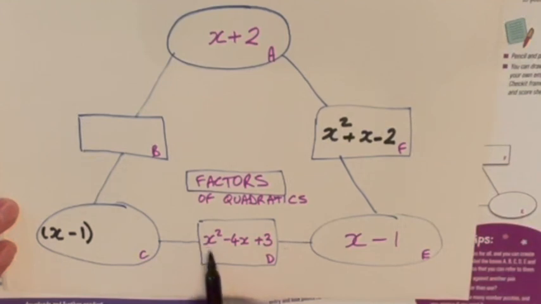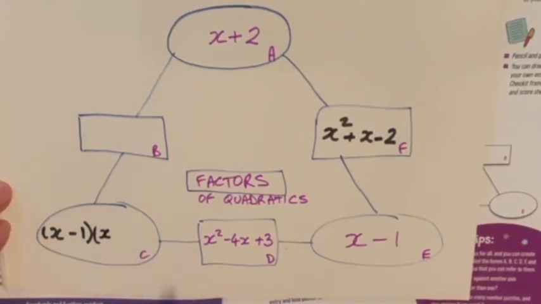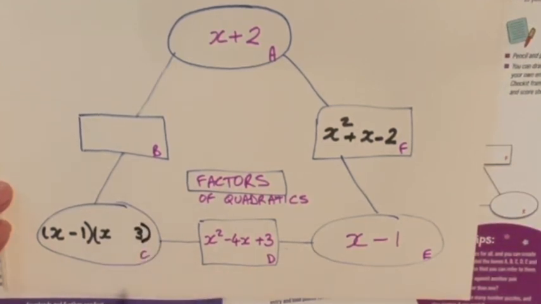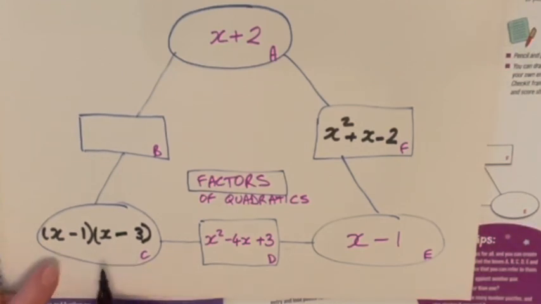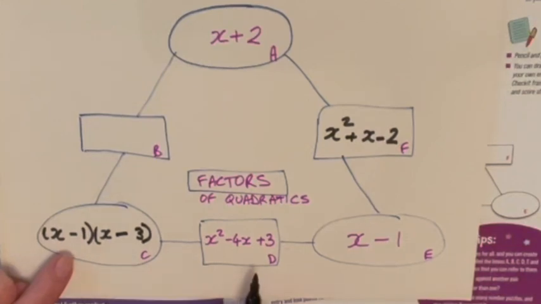Because it's just x squared and not some number times x squared, we know this is just x. And because that is 3 there, we have to have x plus 3 or x minus 3. And of course we've got minus 4x, so that has to be a minus in there. So then x squared minus 3x minus another x makes minus 4x, and minus 1 times minus 3 is plus 3.